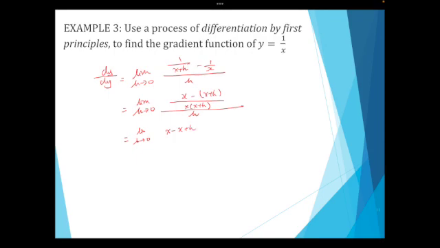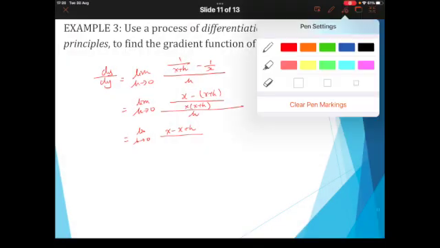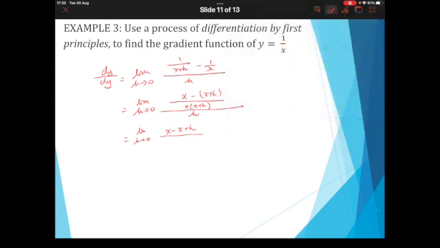Of x minus x plus h minus h, my fault, that should be minus h over x(x plus h) divided by h. Alright?